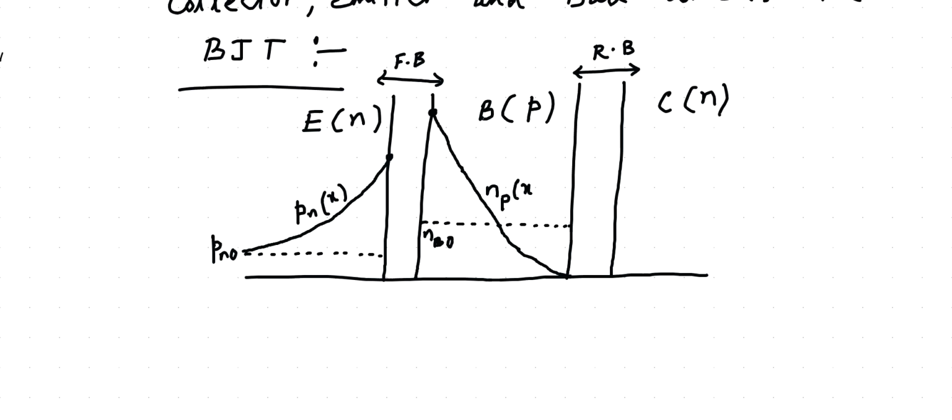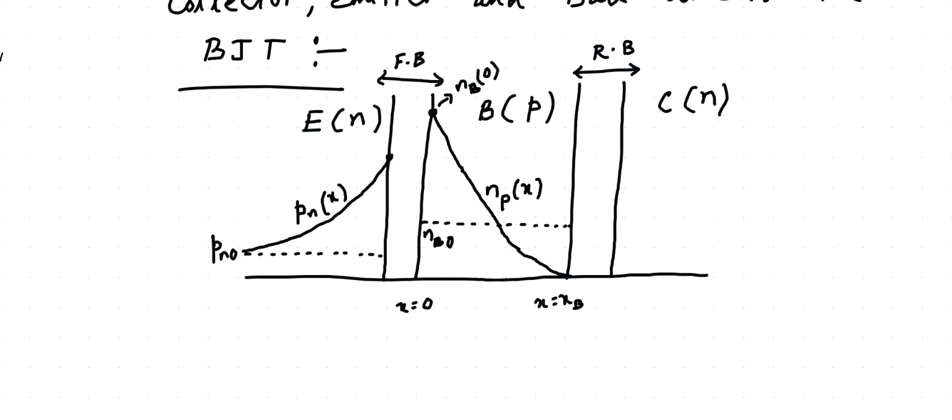So this is the minority electron concentration in the P region or the base region. This value, if you remember, we have already derived in the PN junction, and I can write it as NB, that is the concentration of electrons in the base region at x equals 0. We have taken this as the width of the base region: this is x equals 0, and this is x equals XB. So XB is the width of the base region.